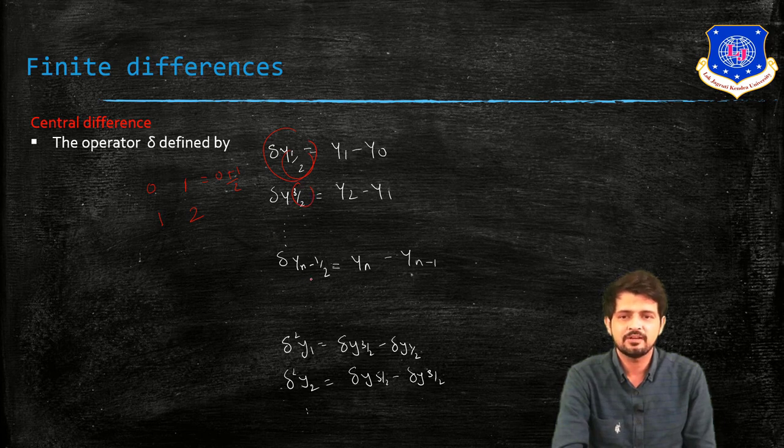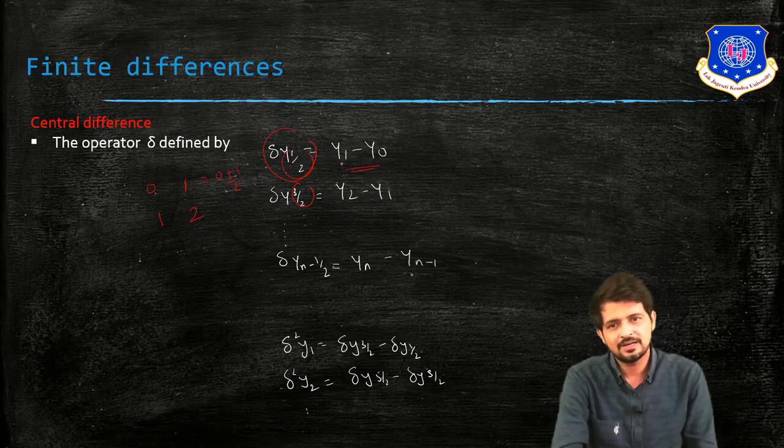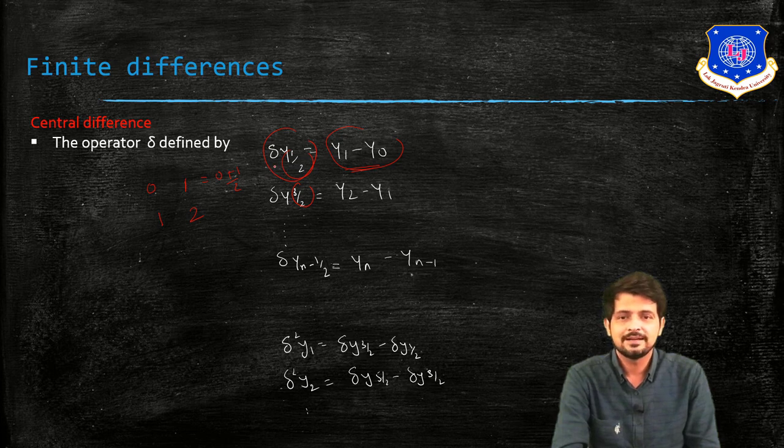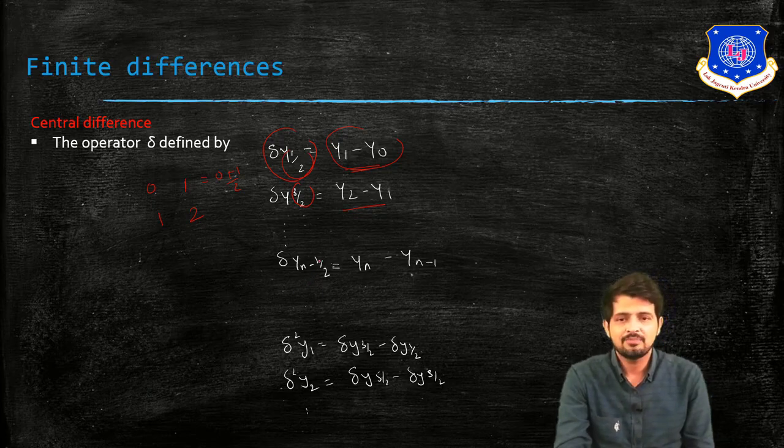And in general, if I want to write, the differences are the same. You can see we are taking the difference as common, right? y1 minus y0 only we are taking, but only the expression is changing. Here this y1 minus y0 has been given the name delta y 1 by 2. Similarly, y2 minus y1 for central difference is delta y 3 by 2. So in general, it can be written as delta y n minus 1 by 2, y n minus 1.